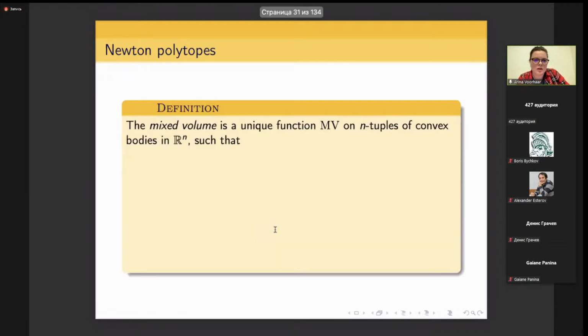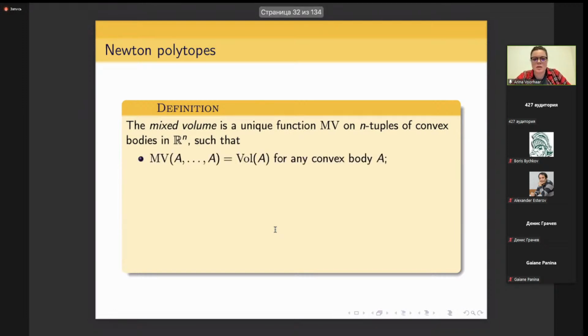Okay, so now an important theorem that I will explain later requires understanding the notion of the mixed volume. The mixed volume is a function that takes as an input a tuple of n polytopes in Rn, and that function is uniquely defined by a list of properties that I will show in a second.